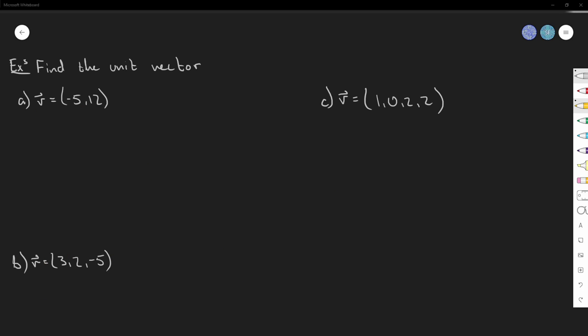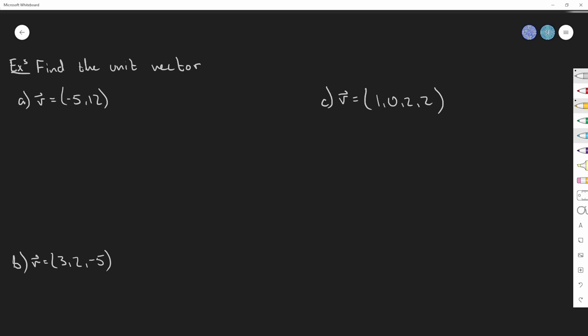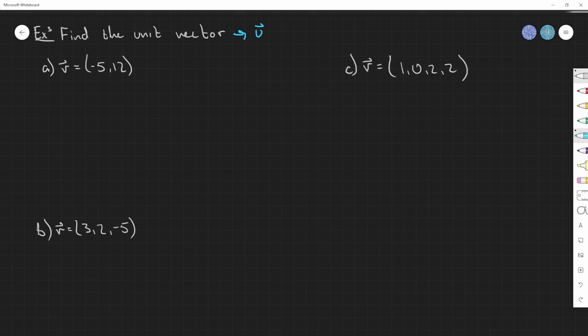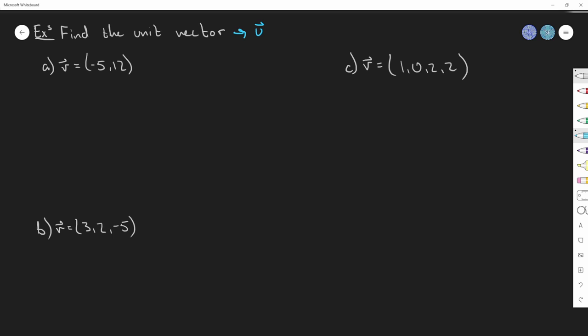So our last example is asking us to find the unit vector. Unit vector is usually denoted as u, so, you know, u for unit. So we're just gonna go ahead and find a unit vector. For those of you who don't remember, you take the magnitude, you divide the vector by its magnitude to get the unit vector.